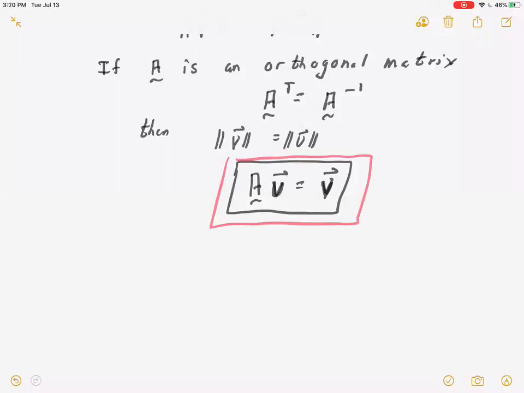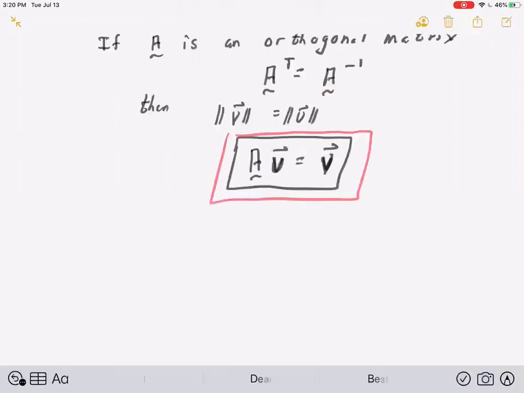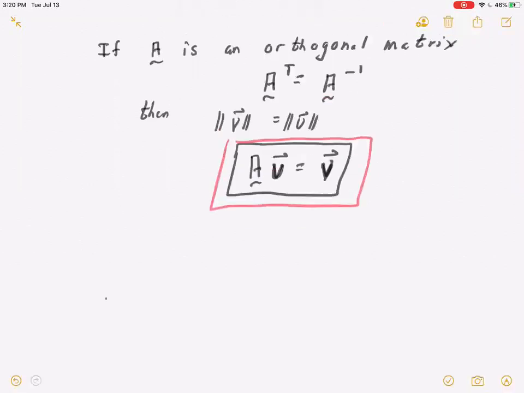Now, there's something else that you can glean from this discussion. I will sketch this out here, but I will leave the proof to you in problem set 9 or 10.